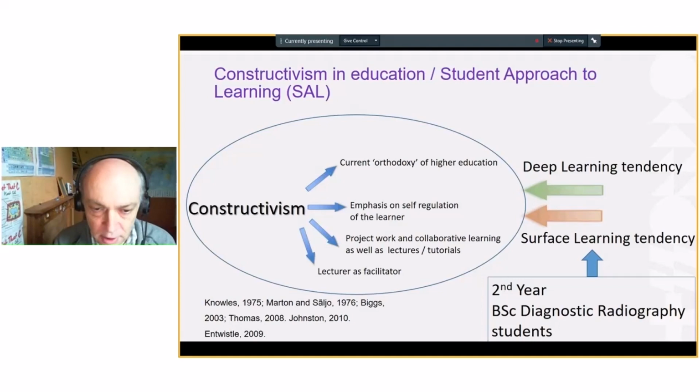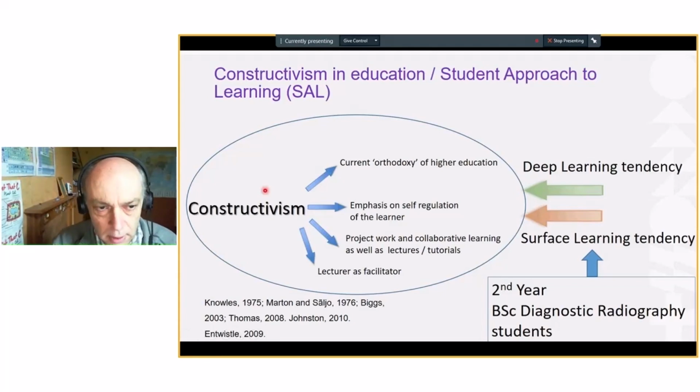They ask questions of staff, of each other, and have a very broad overview of the topic, while surface learners tend to be very surface in their approach, do almost the very bare minimum of work for the topic area, and often see study as a means to an end. They want that ticket to be able to work as a diagnostic radiographer, in my case.